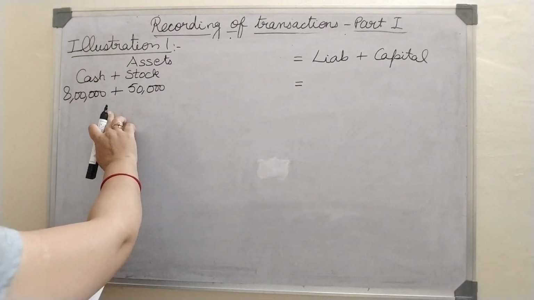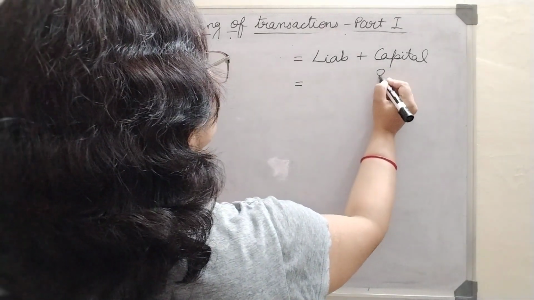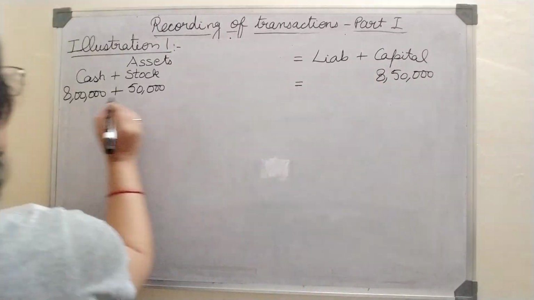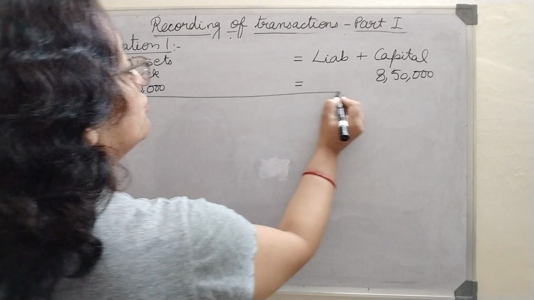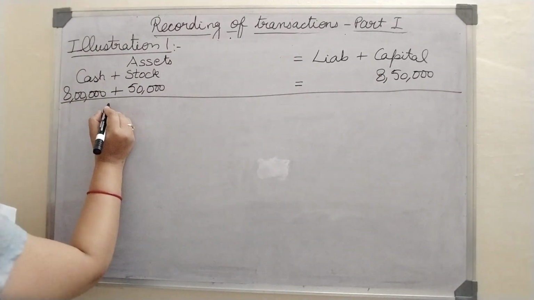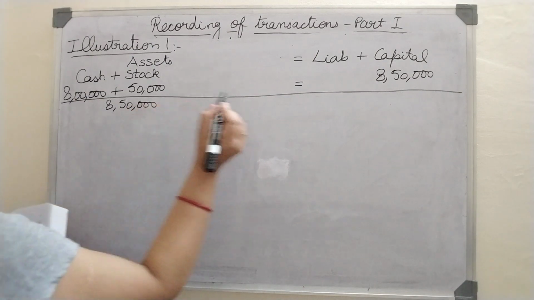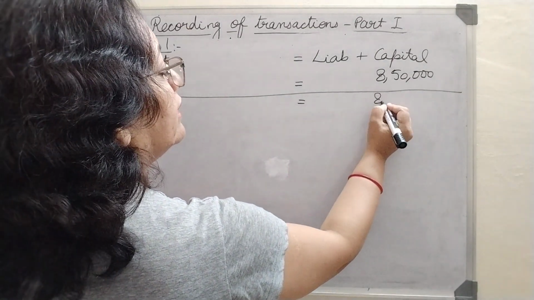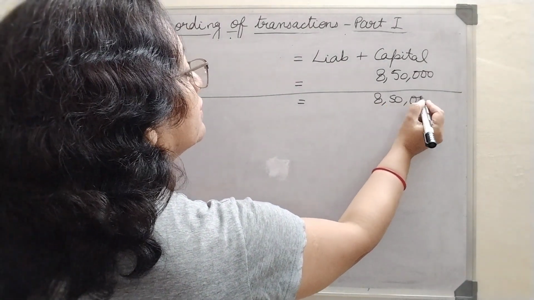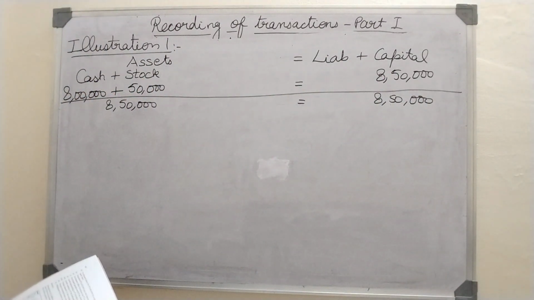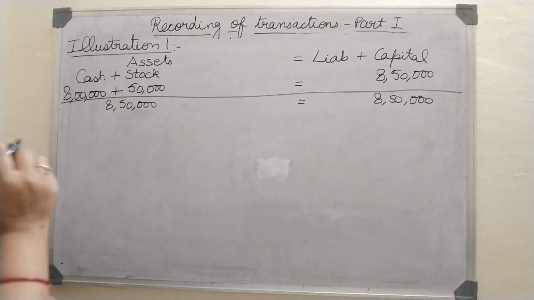So total of these both will be capital, 8 lakh 50,000. At the end you have to draw a line and write the total as 8 lakh 50,000 on the left hand side and 8 lakh 50,000 on the right hand side. Right now under liabilities nothing is there. You can leave it blank. So this is the first transaction.